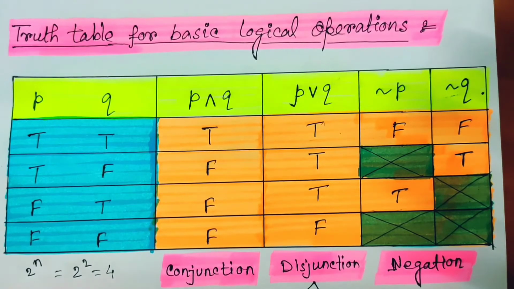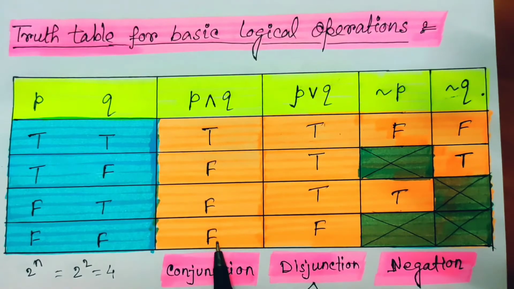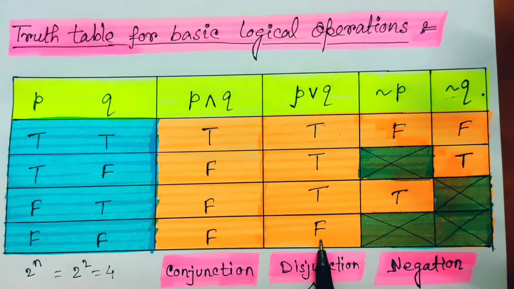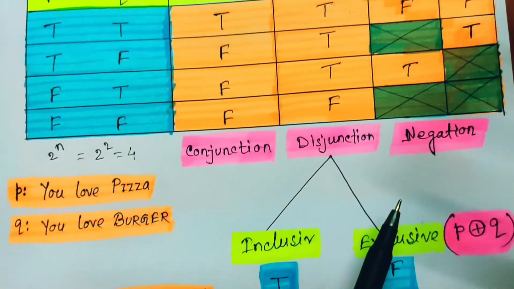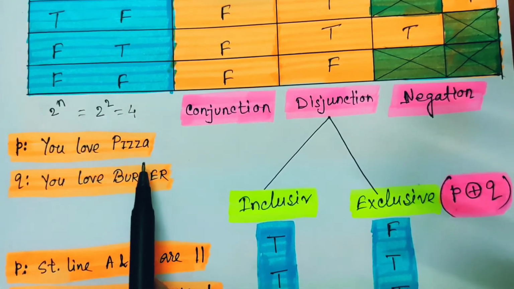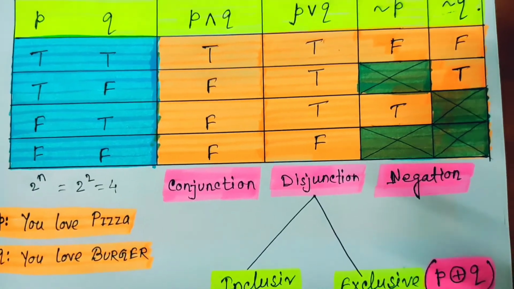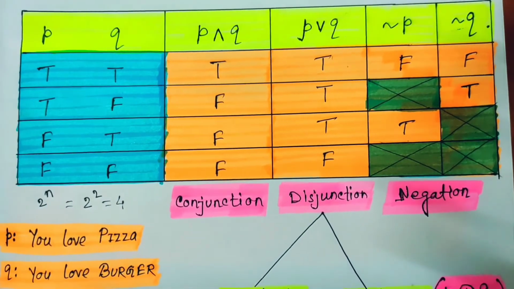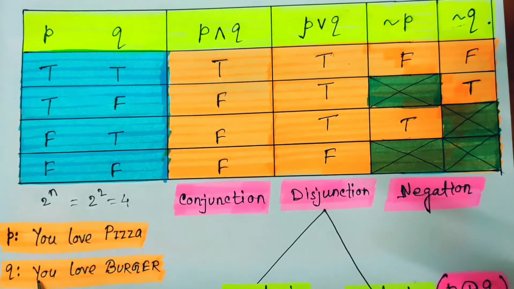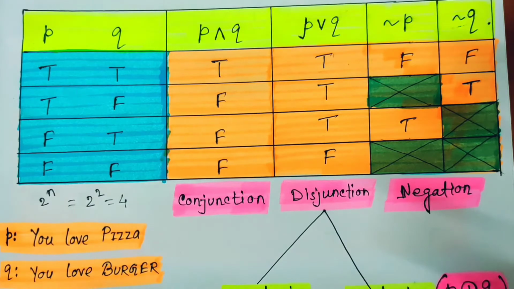First of all, this one is the conjunction and these are its truth values, and this one is the disjunction and this is its truth value. Suppose one proposition is given, you love pizza, and another proposition, you love burger. If we want to find the conjunction of P and Q, that means you love pizza and you love burger.